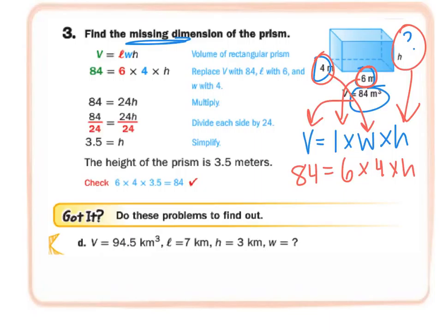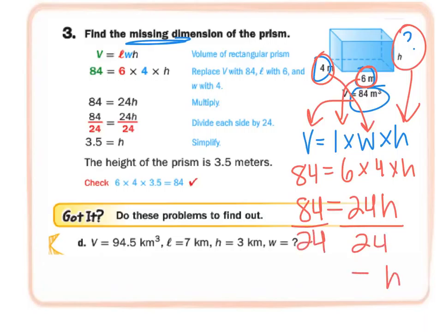So now I have an equation here that I need to solve for. My 84 stays the same. 6 times 4 I know is 24, so I'm just simplifying my equation, times h. Okay, then I need to divide by 24 on both sides to get h by itself.